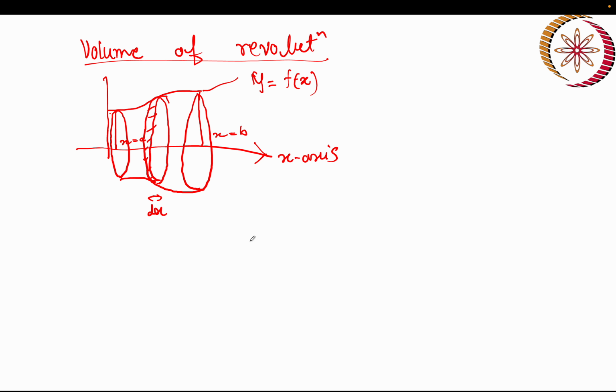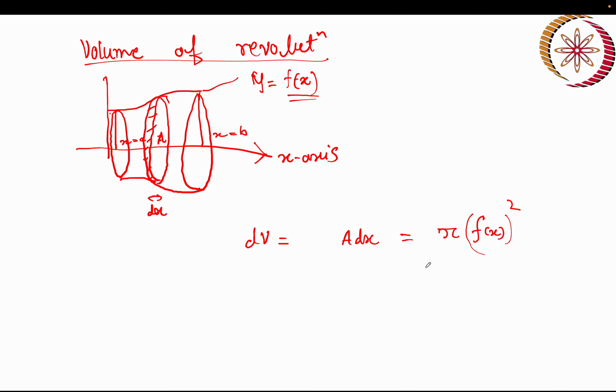So the volume of this will be the area times dx. The area is nothing but that of the circle, which is pi r squared. Here the radius is nothing but the y value at that location, which is f of x.